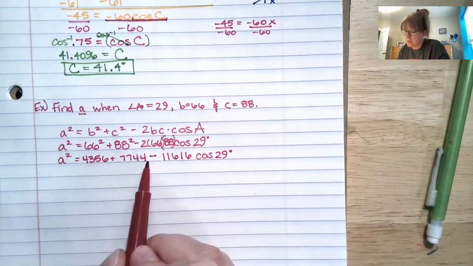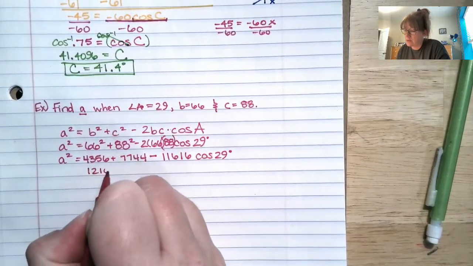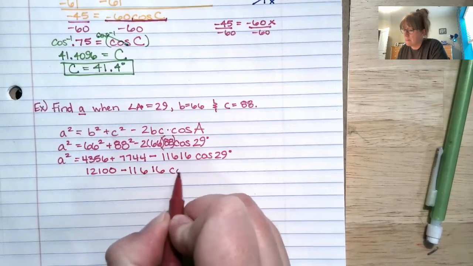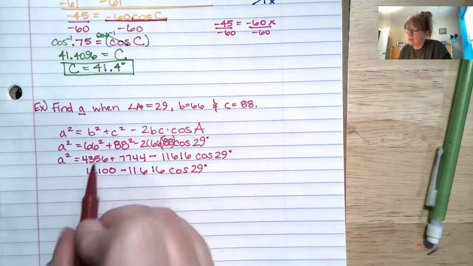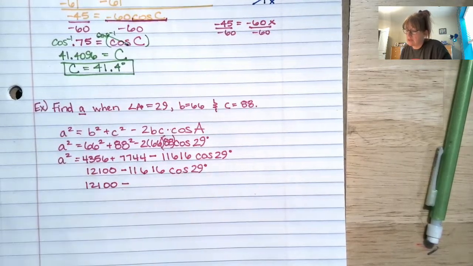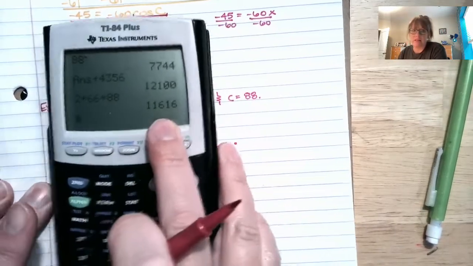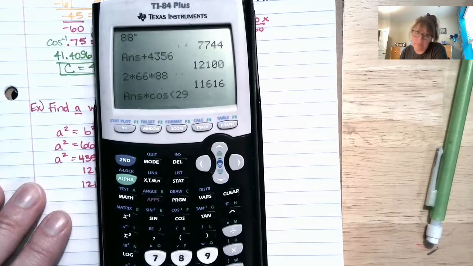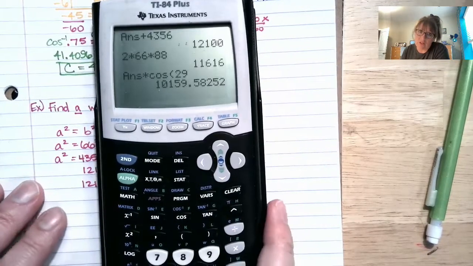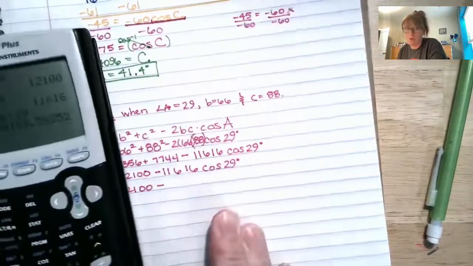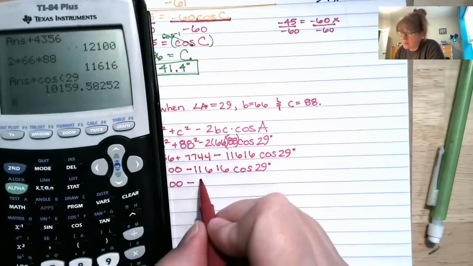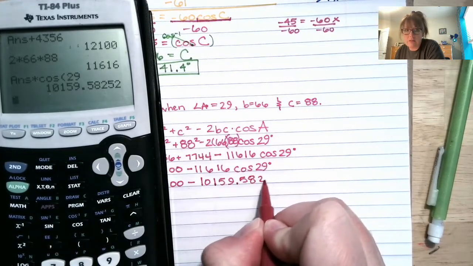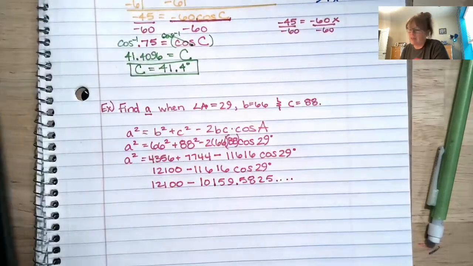We already added those two together and we know we got 12100 minus, okay, so then I can do this guy minus that times cos 29. There's no good way to put that in the calculator so you can still see it. So we get 10159.5825.